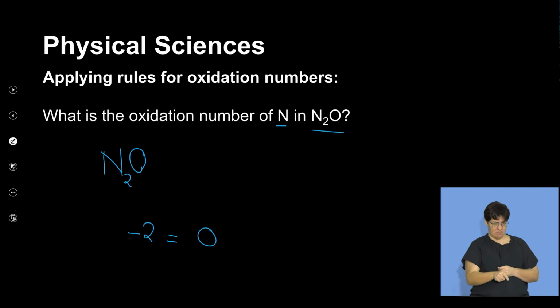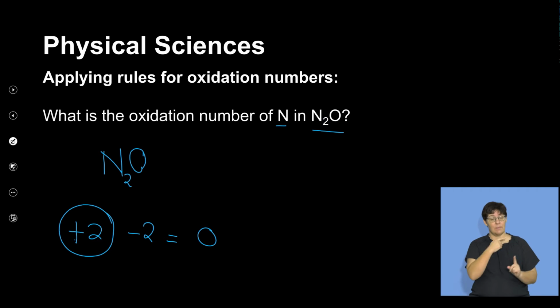So if we talk about nitrogen, there are 2 of nitrogen here. What are we saying here? We are saying in this case, the total for nitrogen, for us to get 0, the nitrogen must be +2. This +2 is for the 2 atoms, so this is the total for nitrogen.